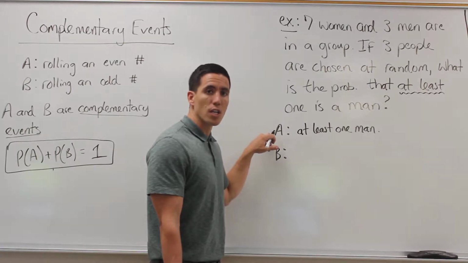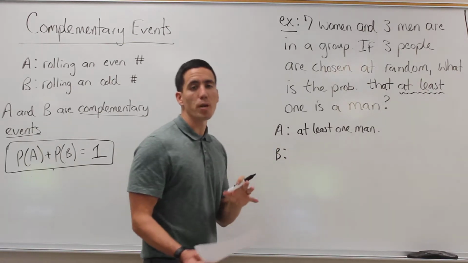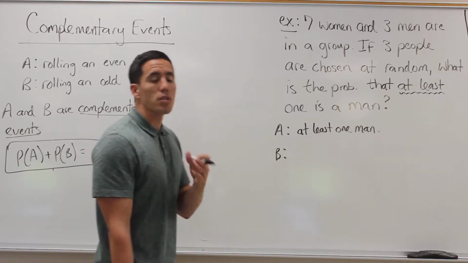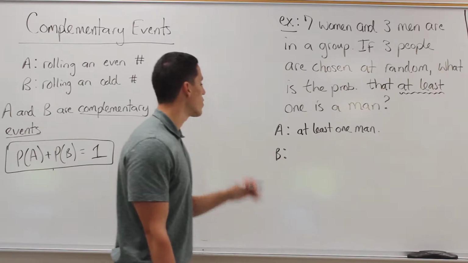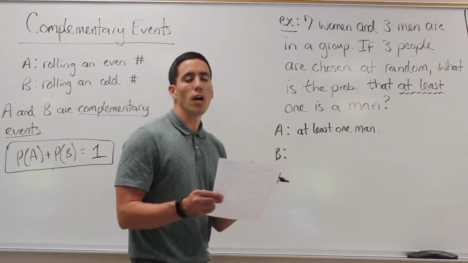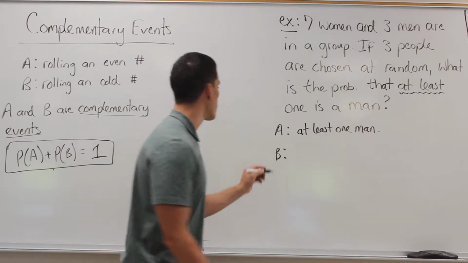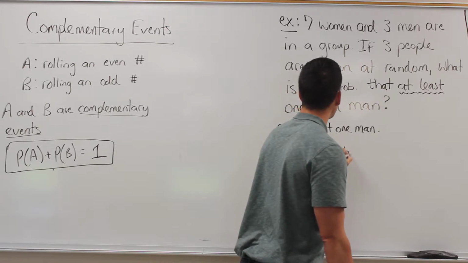So our strategy is going to be to calculate the probability of the complement, which we're hoping will prove to be easier. The first thing we have to do is identify what the complementary event is in this case. If A is at least 1 man, the opposite of that, or all other cases in the sample space, would be no men chosen.